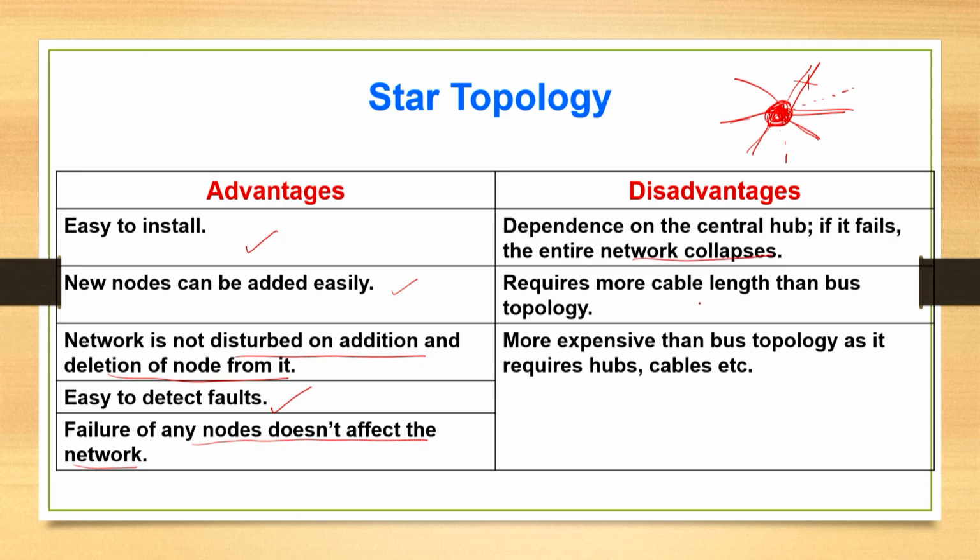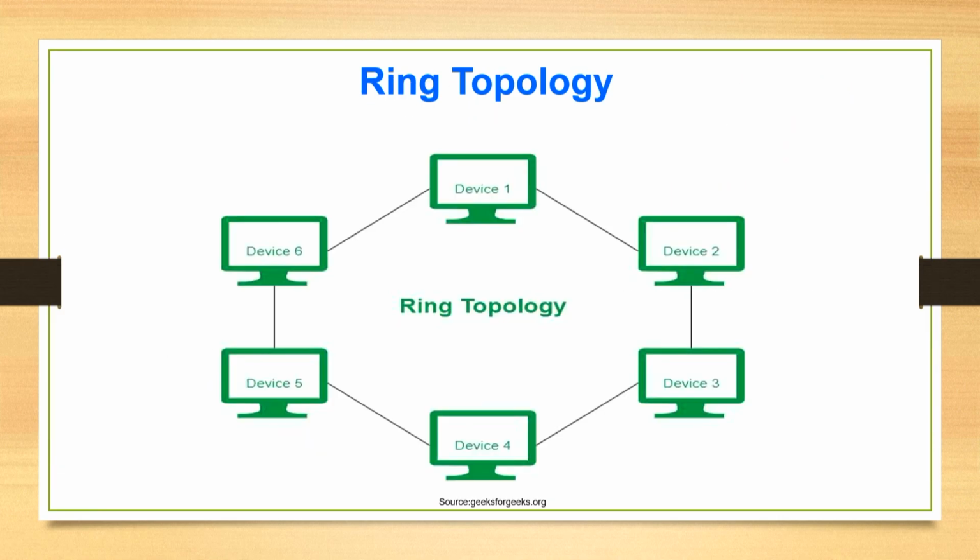It will require more cable length than the bus topology, and because of that it is more expensive than the bus topology, because it requires cables as well as the central hub, which is either your switch or hub. So, this is all about the star topology.